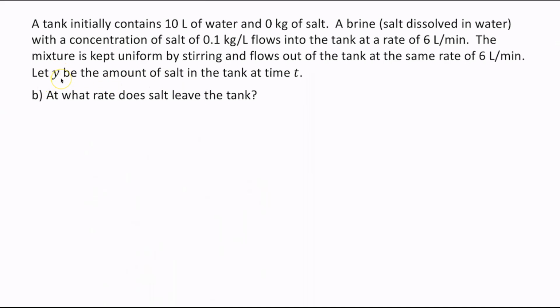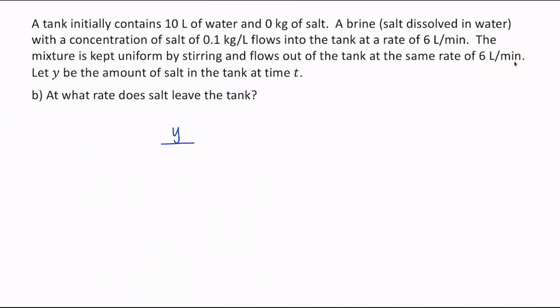The amount of salt is y, and so the concentration is going to be y over how much liquid is in the tank. The amount of liquid in the tank is always going to be 10 liters, because it starts with 10 liters of water, and then this salt water is coming in at 6 liters per minute, gets mixed around, and then that same amount, 6 liters per minute, is leaving.